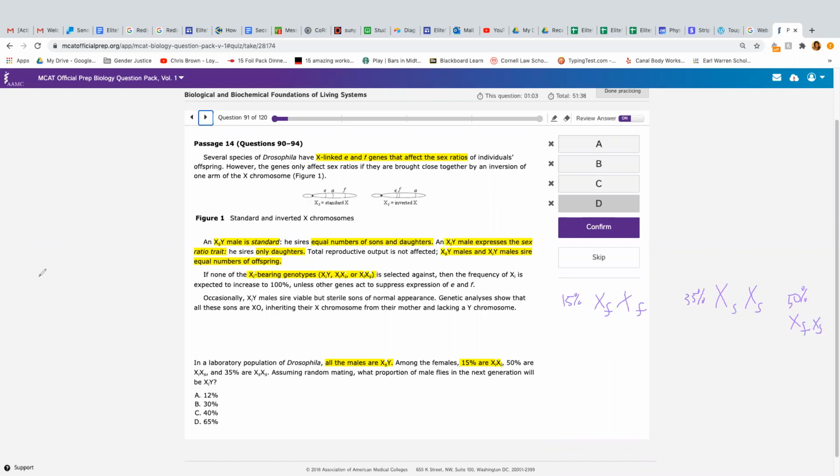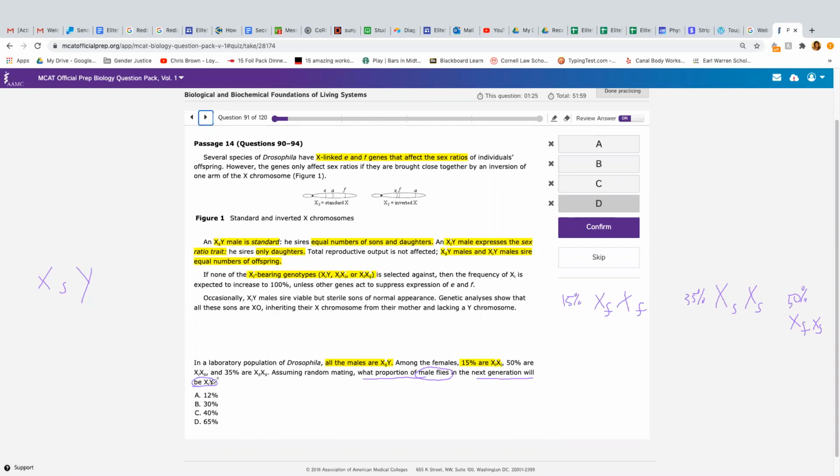And they told us that all the males have the standard allele. So next we have to ask ourselves, what is the question asking us? The question is asking what proportion of all male flies in this next generation will be X, Y?